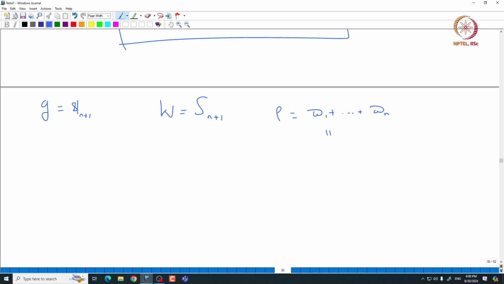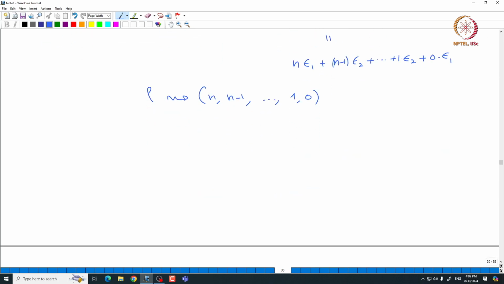If you rewrite this in terms of the epsilon basis, this is exactly n times epsilon 1 plus n minus 1 times epsilon 2 plus etcetera plus twice epsilon n plus 0 times epsilon n plus 1. So, this is going to be your rho. So, rho is identified with the tuple n, n minus 1 and so on, 1, 0.